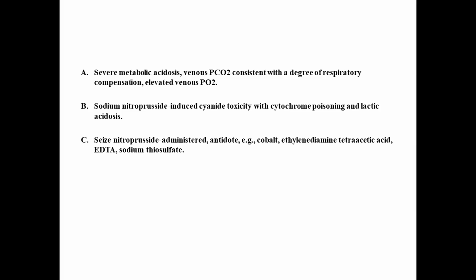So it is sodium nitroprusside induced cyanide toxicity. So now you know how to solve the ABGs, but you also need to know how to interpret why it is so. You should administer the antidote for cyanide toxicity.